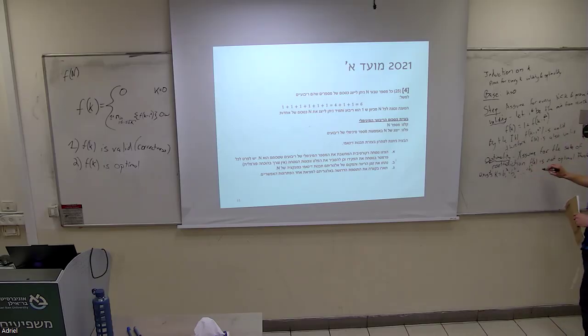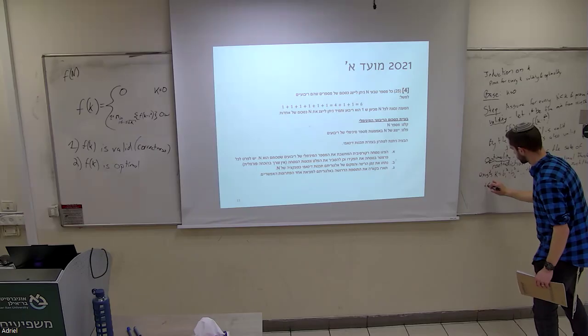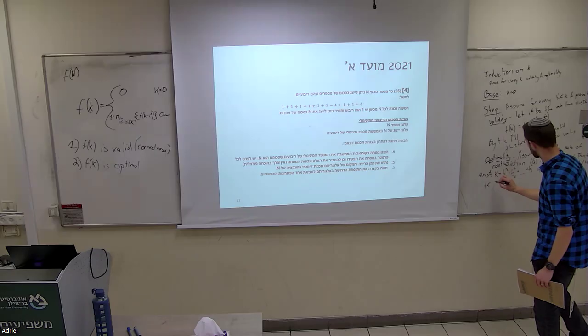This is our new optimal solution such that t is strictly smaller than f of k.